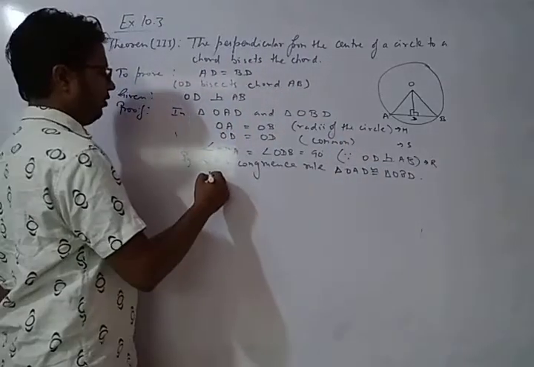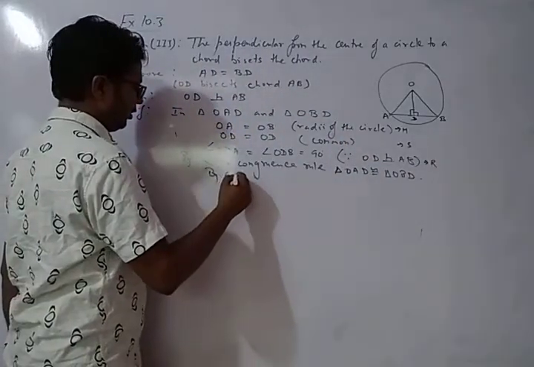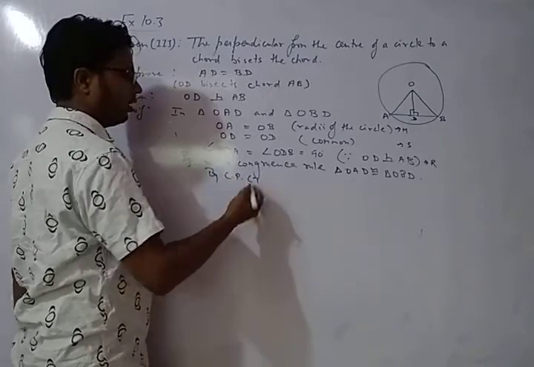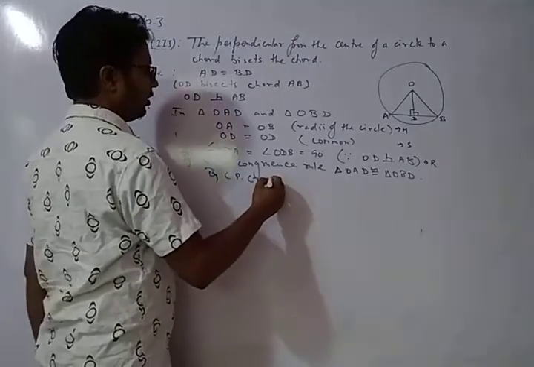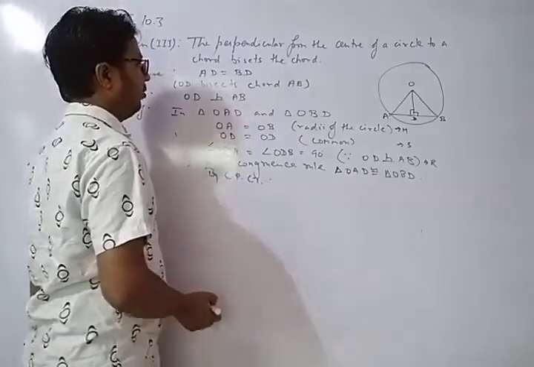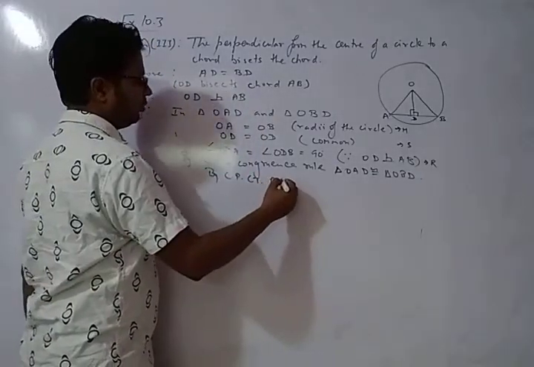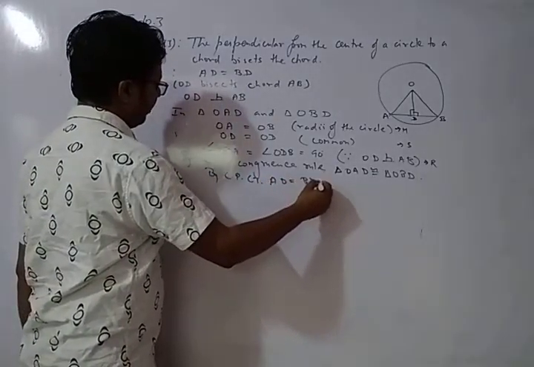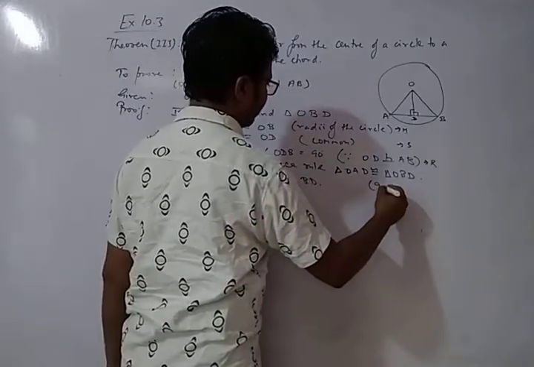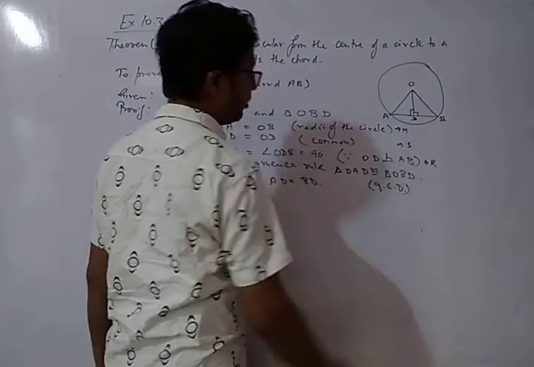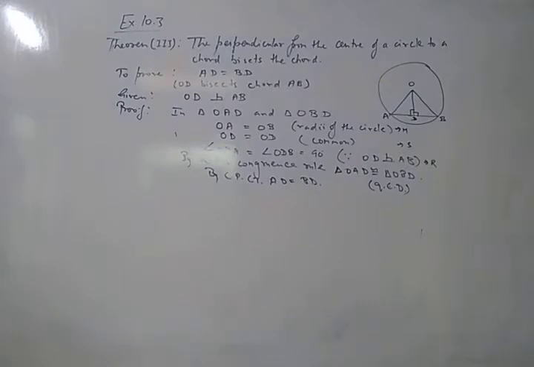Now by CPCT, corresponding parts of congruent triangles are equal, so AD is equal to BD. That only we have to demonstrate. Clear about it? Very easy it is.